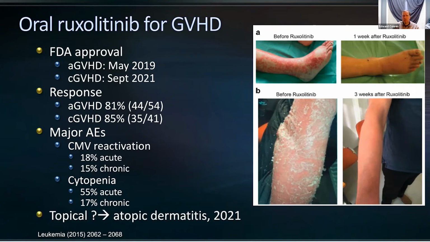Interestingly, there is a topical form of ruxolitinib that just came out in 2021. It's FDA approved for atopic dermatitis. It's called Opzelura. So lots of people are interested in whether or not this would have potential benefit for skin GvHD.